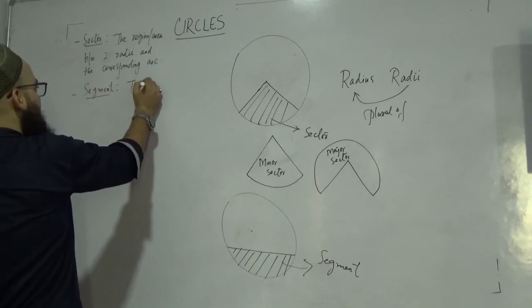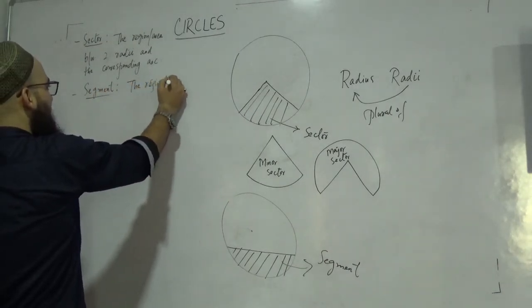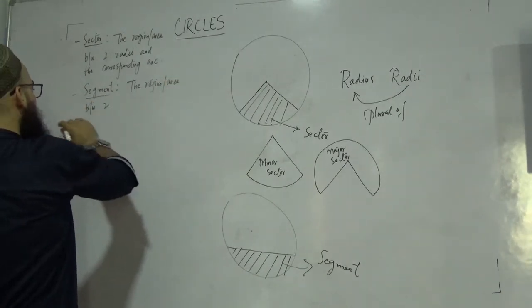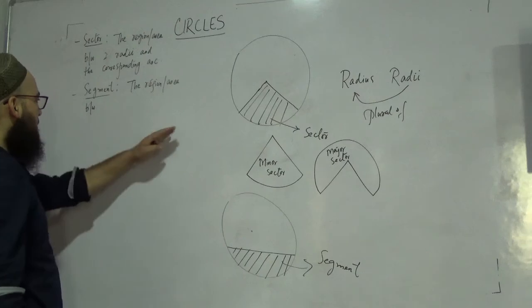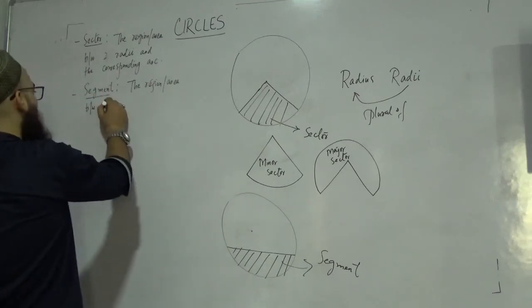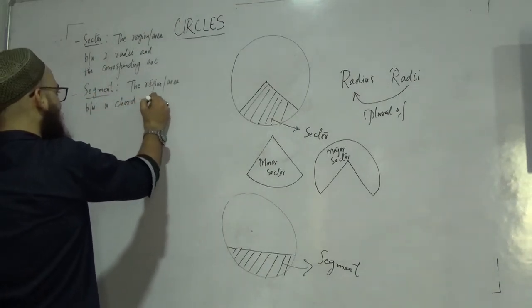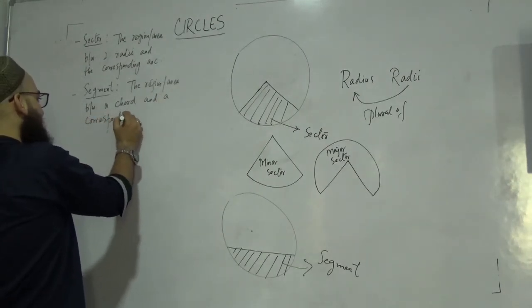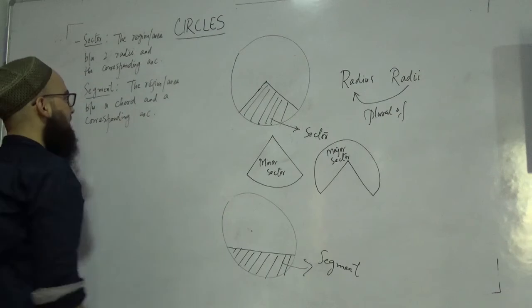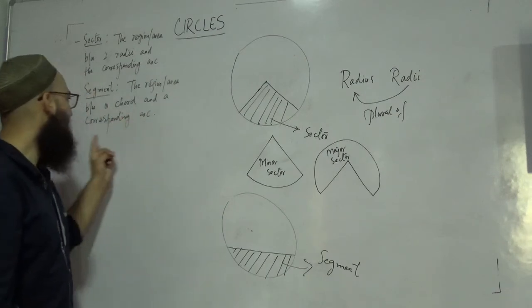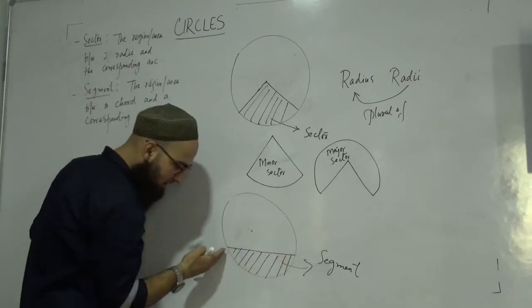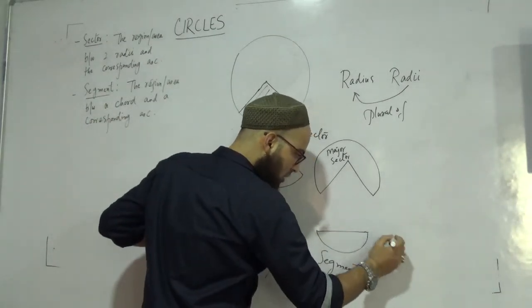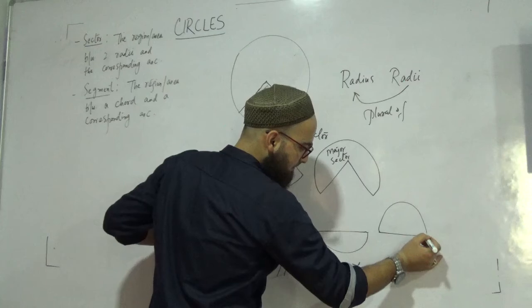The region or area between a chord and a corresponding arc. So we got something like this, or you will get like this, the bigger one.